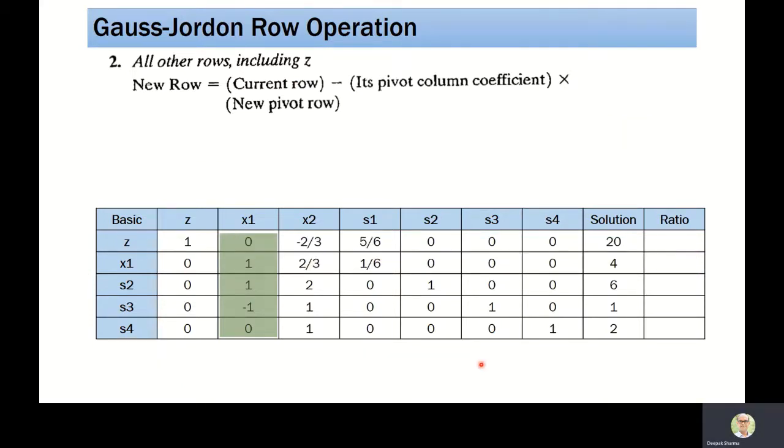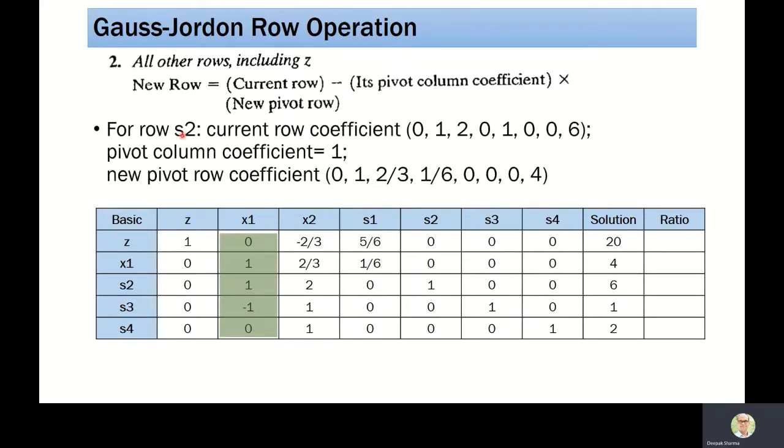I can do the same thing for another row, say S2. S2 is given, so these coefficients, as you can see, 0, 1, 2, 0, 1, 0, 1, 0, 0, 6, all coefficients are written. What is the pivot column coefficient? Corresponding to S2, the pivot column coefficient is 1.